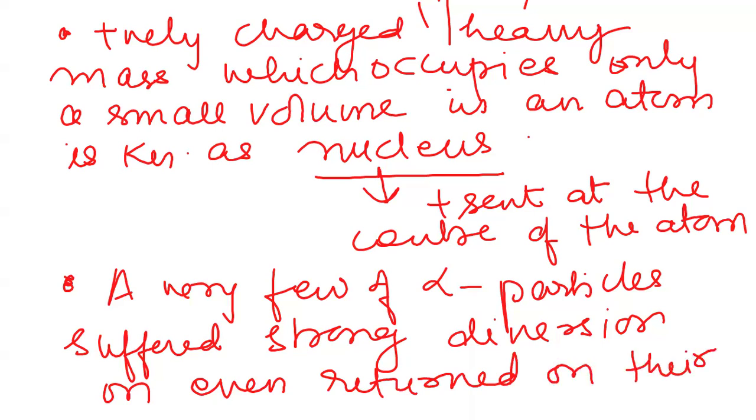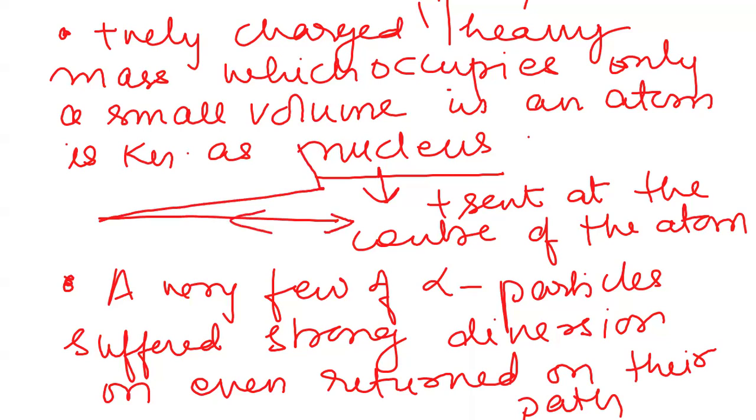Means that they were deviated, and many of them went straight and came back straight on their path. Now why is this so?